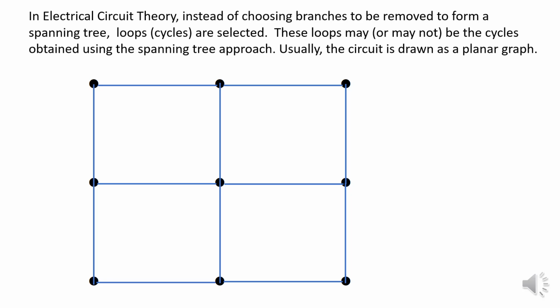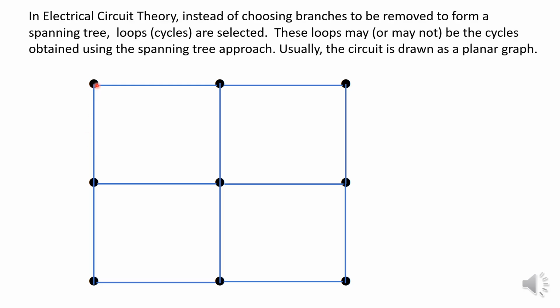In electrical circuit theory, instead of choosing branches to be removed to form a spanning tree, loops, which are cycles, are selected. These loops may or may not be cycles obtained using the spanning tree approach.